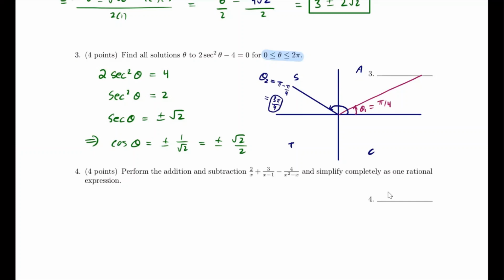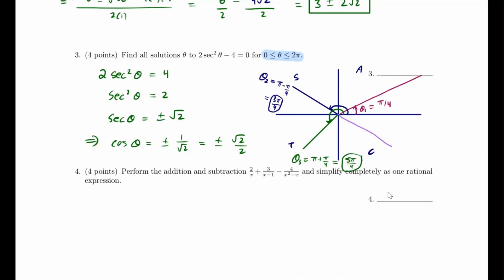Then the next angle will be the one that lies on the third quadrant. So that goes around and terminates right here. So let's call that theta 3. And this angle would be pi plus pi over 4. And that would give us, sorry about the spacing, 5 pi over 4. That's our next angle. And the last angle for this equation, we're again going around and terminating on the fourth quadrant.